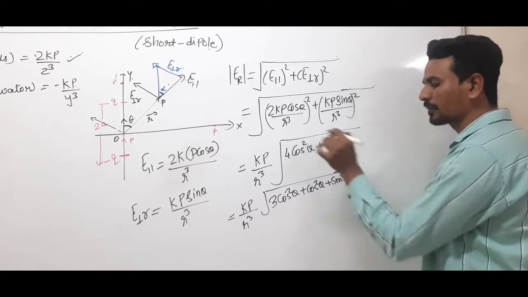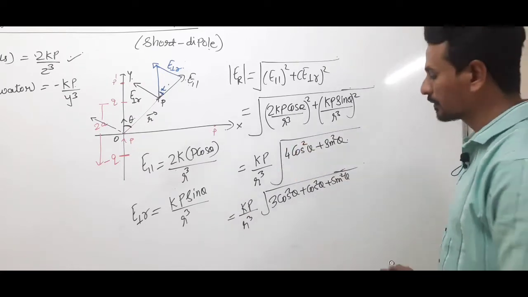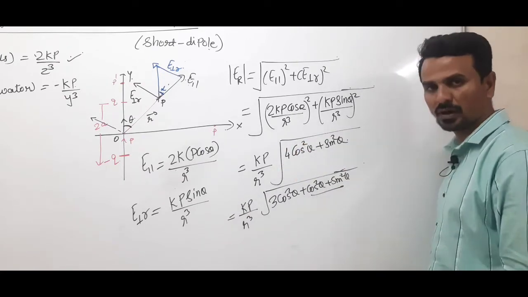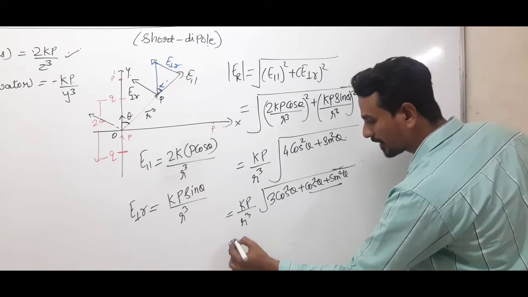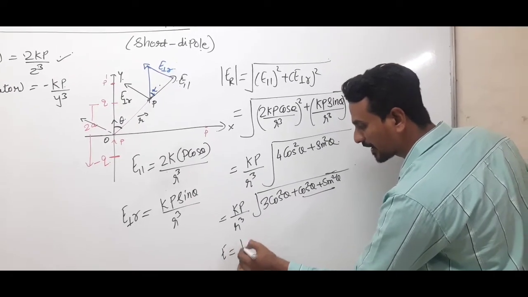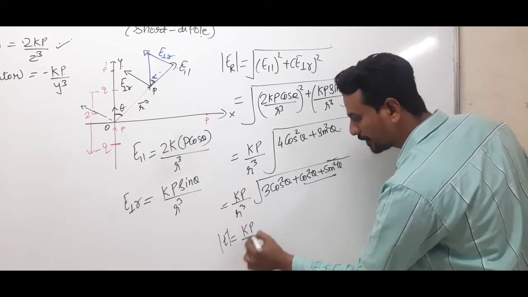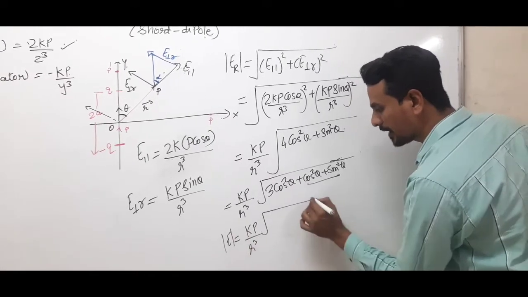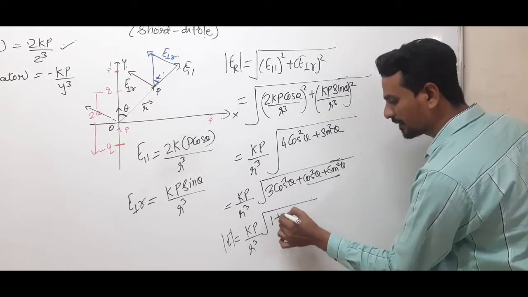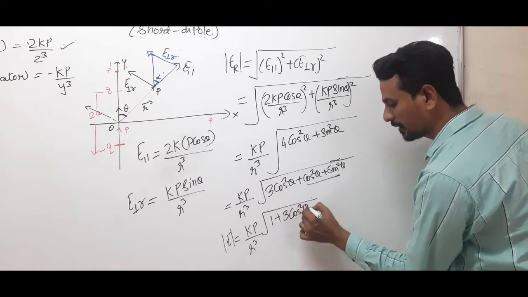I can write 4 as 3 plus 1. But what is cos square plus sin square? 1. So finally the net or resultant electric field, magnitude wise, will be equal to kp by r cube root of 1 plus 3 cos square theta.